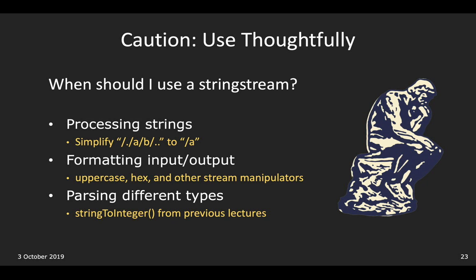We didn't get a chance to talk about string manipulators in relation to input and output streams or string streams, but things like endl or flush are all known as string manipulators. And so are things like uppercase and hex. What these do is, for example, if you are outputting your string, you can insert the string manipulator uppercase and it'll output everything as uppercase.